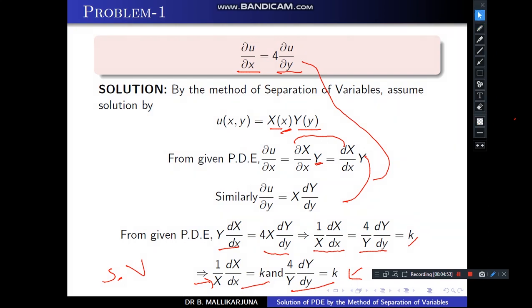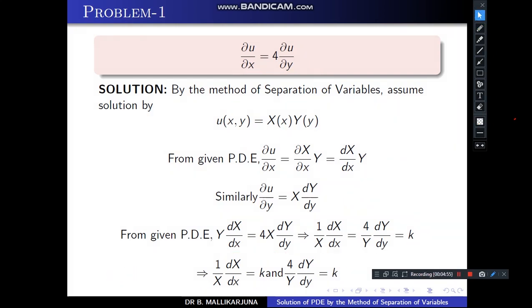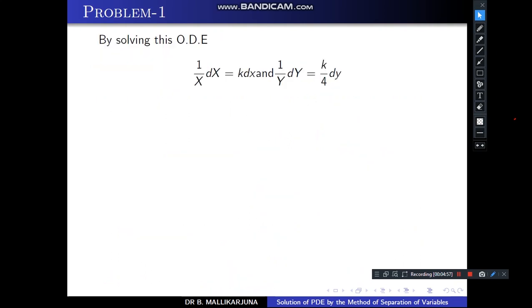Let us see how to solve these. So 1 by X dX is equal to k dx, 1 by Y dY is equal to k by 4 dy. Now by integrating, 1 by X dX is nothing but natural logarithm of X. The right hand side is k x plus c1, where c1 is the integration constant. Similarly, for the second ordinary differential equation, natural logarithm Y is equal to k by 4 y plus c2, where c2 is the integration constant.